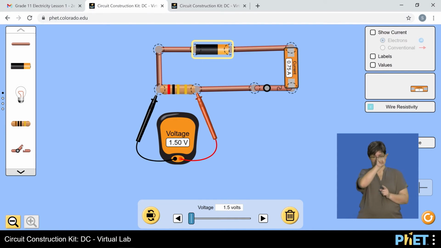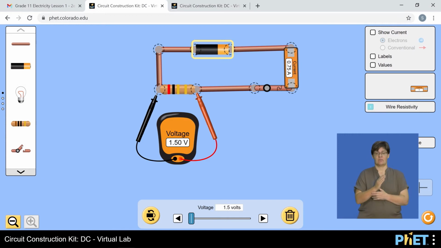This is the voltage across the resistor, and that's the corresponding current reading. So that current is the total current. If we go back to our table of results, we have a voltage across the battery. The voltage is 1.5. Across the resistor it is also 1.5, because that's the total voltage, with a current of 0.75.